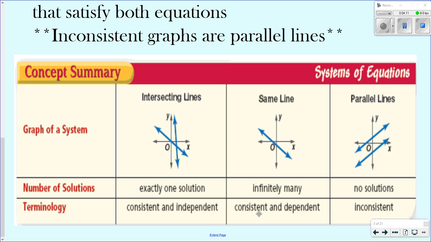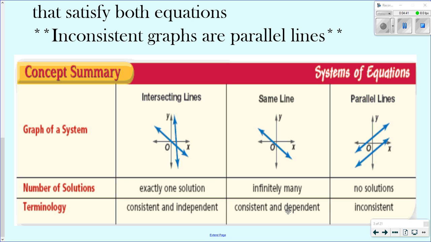Think about it. If you and your friends are making money, but you want to buy something and it costs a lot, if you put your money together and work as a group, you'll have enough and get the money up front quickly in order to get whatever you would like to get. So you're both consistent, you're both on the same page, have the same goal. So consistent, just like the lines on top of the other lines.